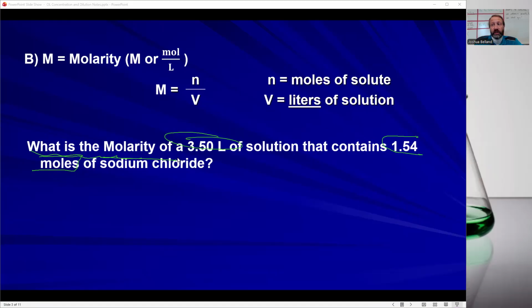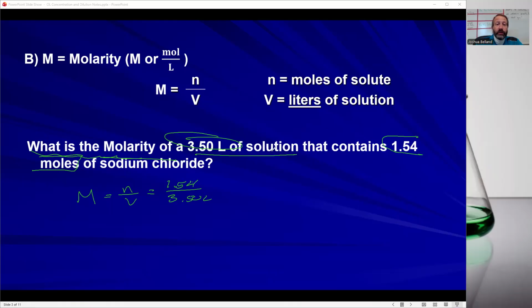So you want to easily find the numbers with their labels in the question statement, and then we're all set. Molarity is number of moles per volume in liters. My moles is 1.54, and my volume is 3.5 liters, and it tells me liters of solution.